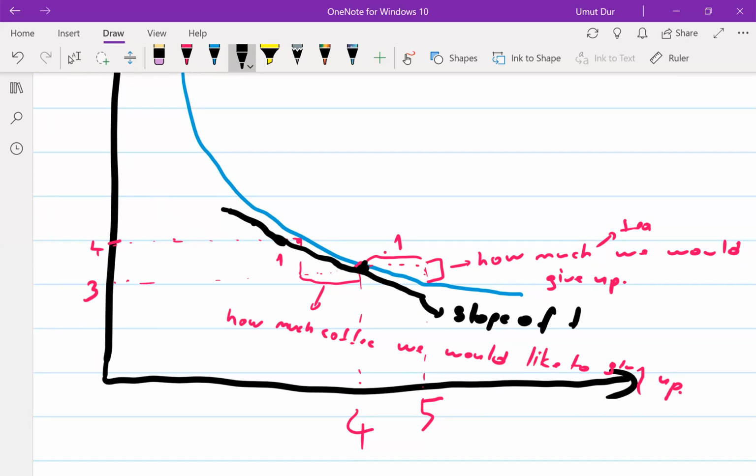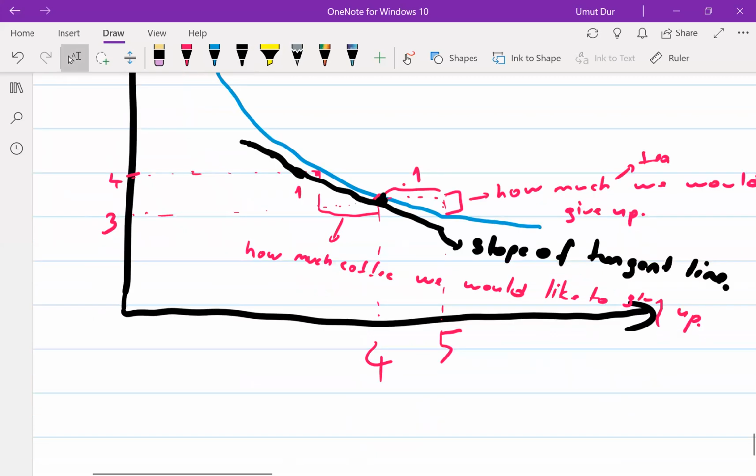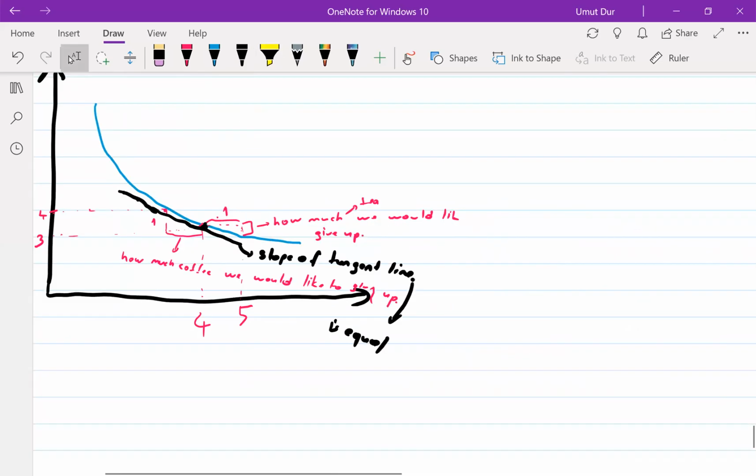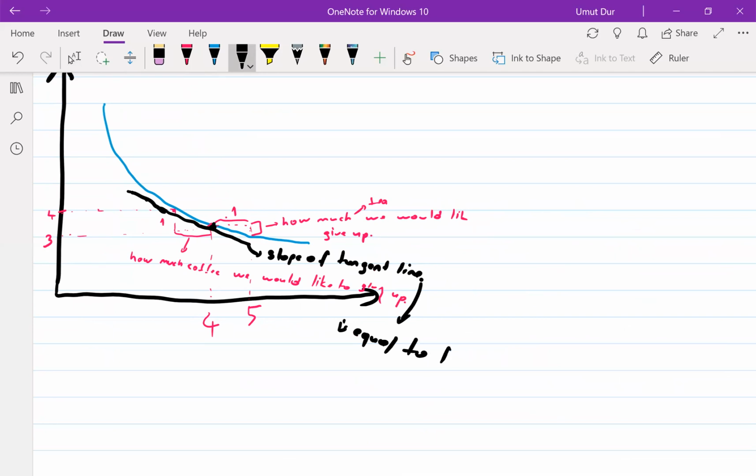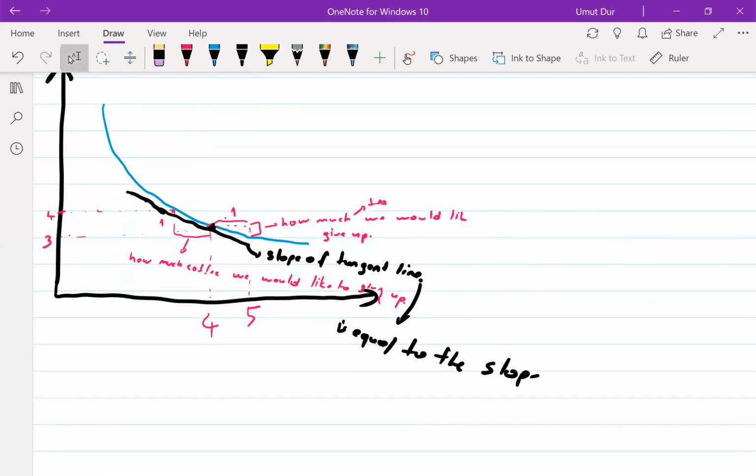The slope of the tangent line is equal to the slope of the indifference curve at that point.